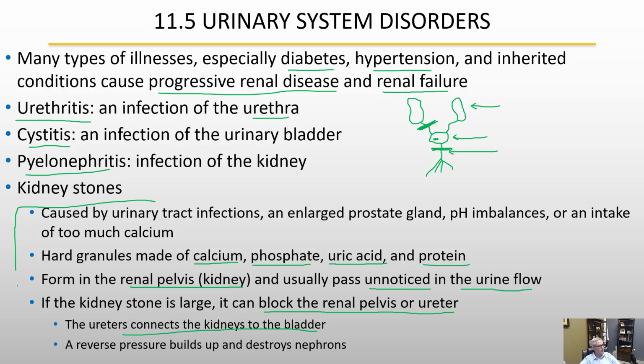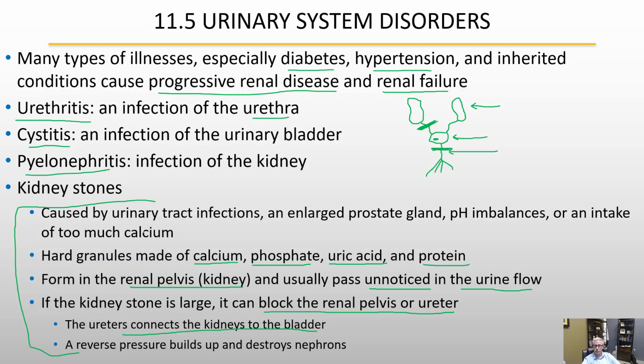Now with kidney stones, that's going to be a different treatment. Sometimes the kidney stone can pass on its own. Sometimes the kidney stone will need some sort of extra help to become unblocked.